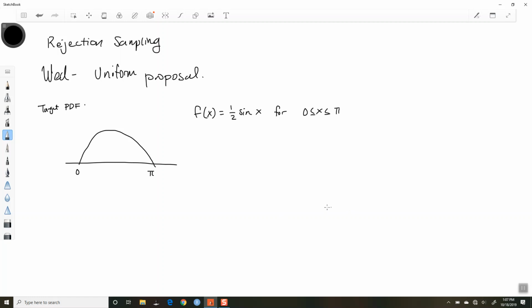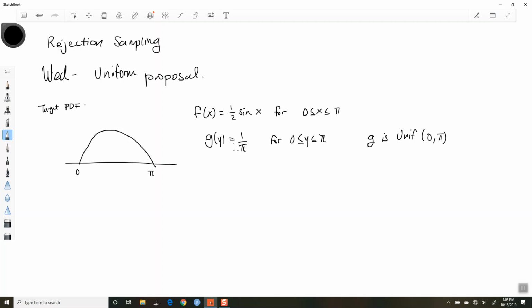And we said, well, let g of y be 1 over pi for 0 less than y less than pi. So g is uniform from, I'm sorry, this is g of y. I apologize, I got to change my letters here. Okay, uniform from 0 to pi.